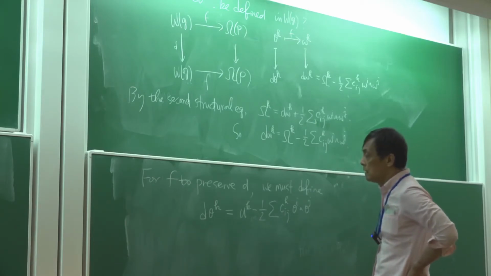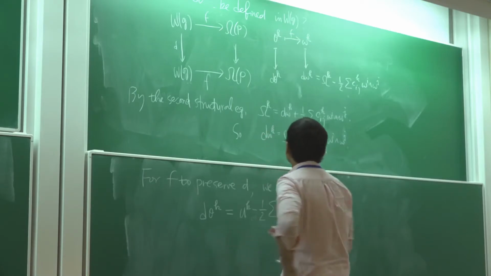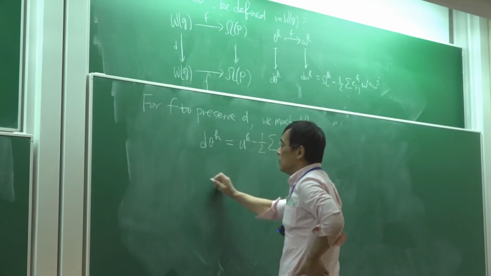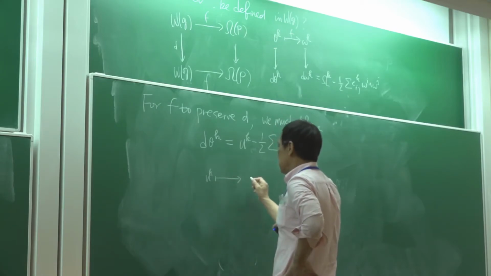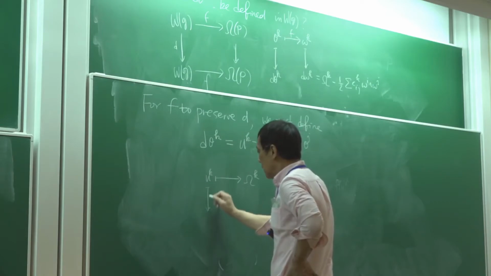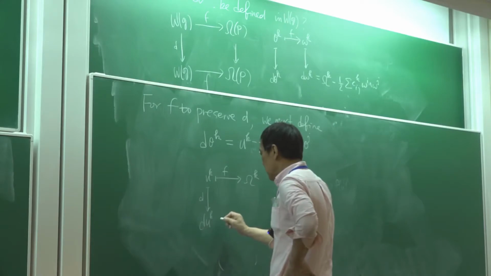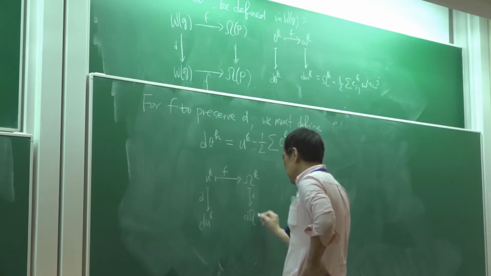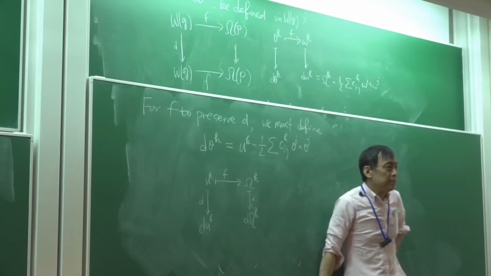And then if you look at uk, so uk maps to omega k. And then d uk has to map to d omega k. And what is d omega k?